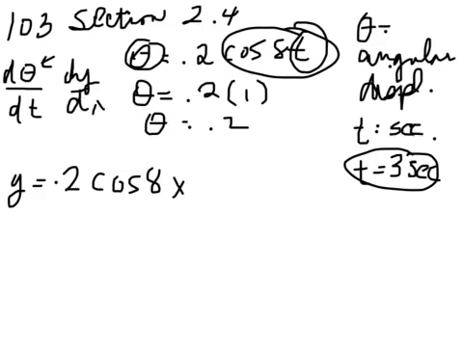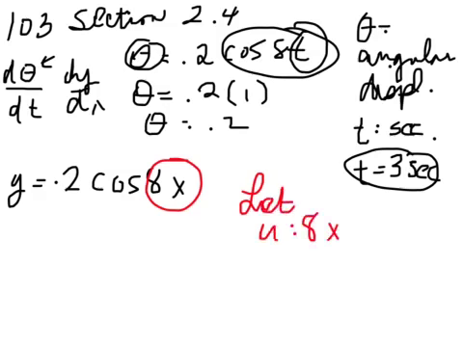And so let's do that just to give you maybe a technique for when things look a little confusing. Remember we're in this section where they're kind of having us do something called the chain rule. Let's let u equal 8x so we can take this derivative. Remember, when we take the derivative, we're going to actually take the derivative of u with respect to x, and the derivative of 8x would just be 8.